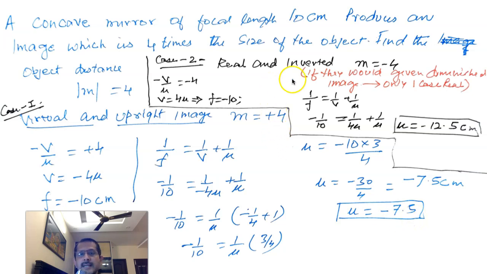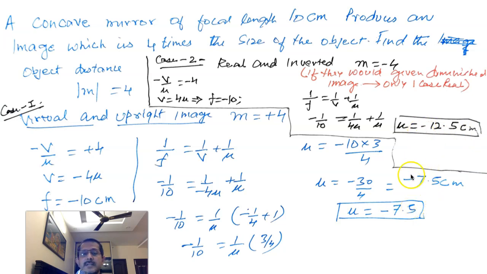The other scenario is when we get a real and inverted image. In that case also we get a magnified image, so there can be two cases. In this case magnification would be minus 4. So minus v by u is equal to minus 4, and if we substitute we get u is equal to 12.5 centimeter.